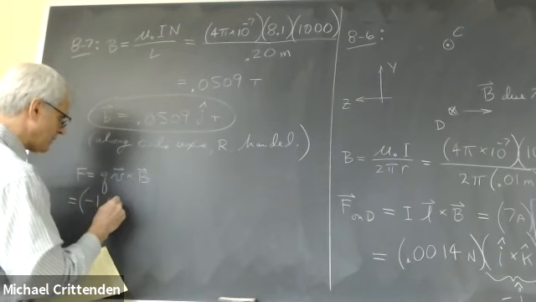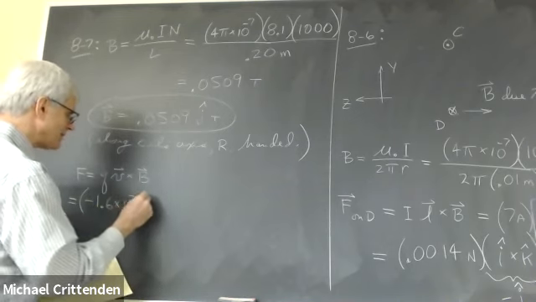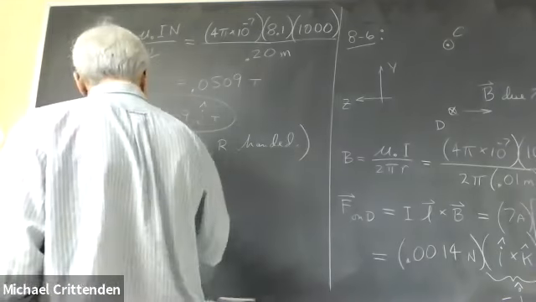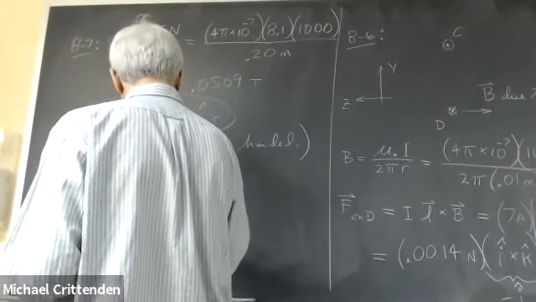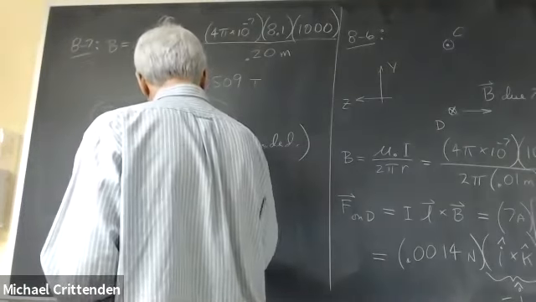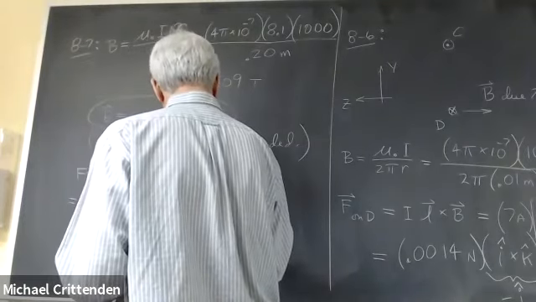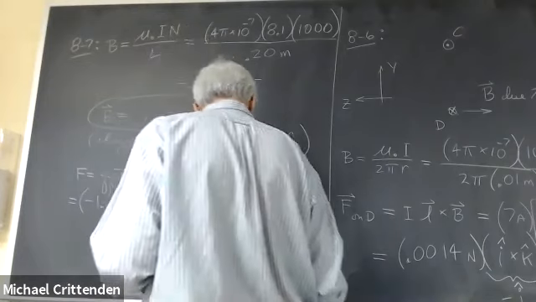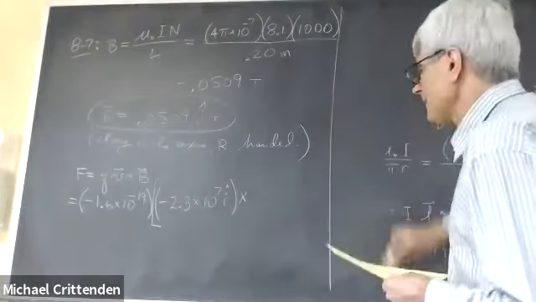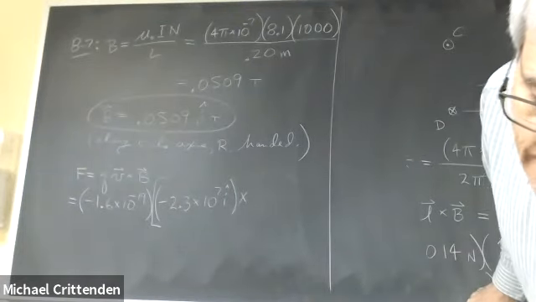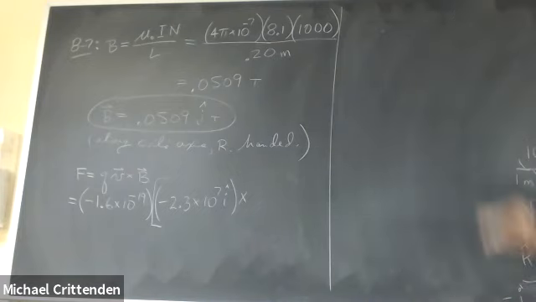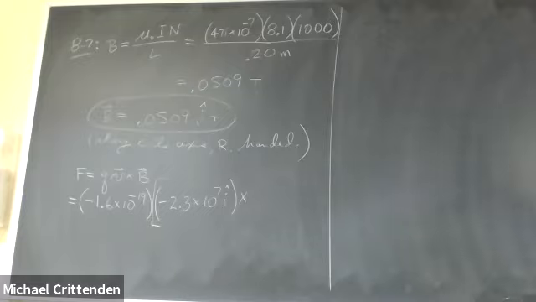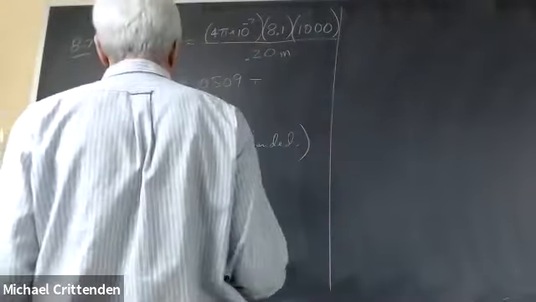Negative 1.6 times 10 to the negative 19 coulombs for Q. The velocity vector: the question says it's going toward the left, meaning the negative x direction, at 2.3 times 10 to the 7 meters per second. And we cross that with the magnetic field vector that I just got done determining.